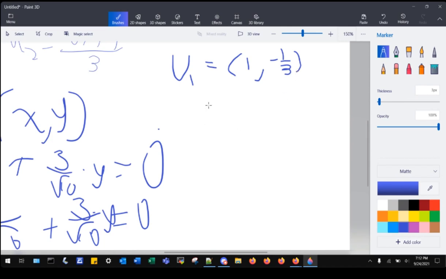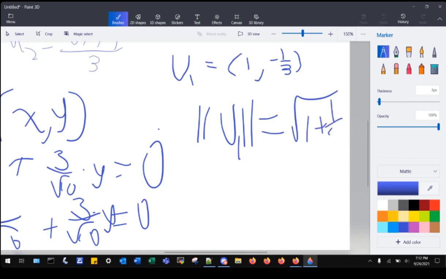And so now we want to find the unit vector in the direction of u. To find that, we have to find the magnitude, which is the square root of 1 plus 1/9, which is 10 over 9, which is root 10 over 3.